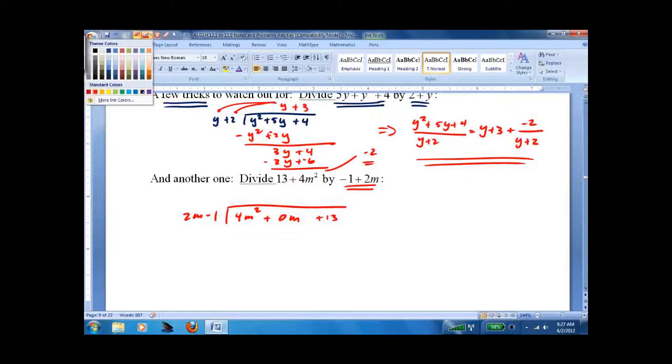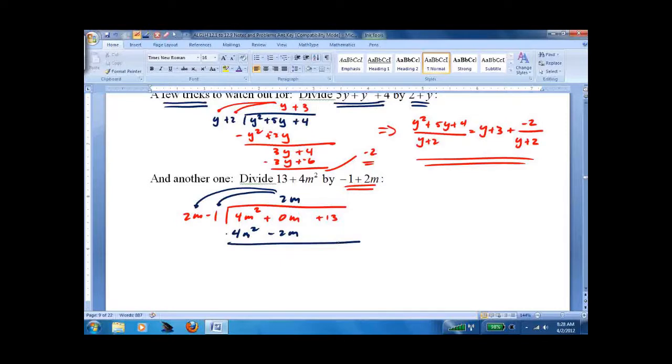What times 2m is 4m squared? I believe 2m will work, but I got to check. 2 times 2 is 4. M times m is m squared. Minus 2m. Subtract down, they cancel. They better, otherwise we screwed up.